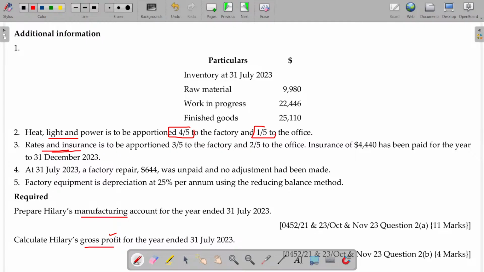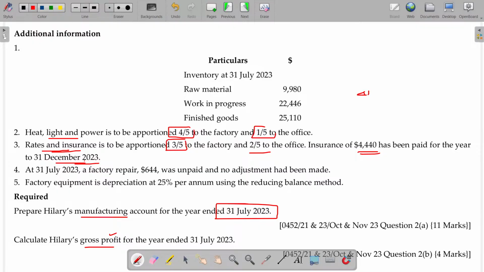Rates and insurance is to be apportioned 3/5 to the factory, 2/5 to the office. Insurance of $4,440 has been paid for the year to 31st December 23. Now we have to complete our preparation up to this date.